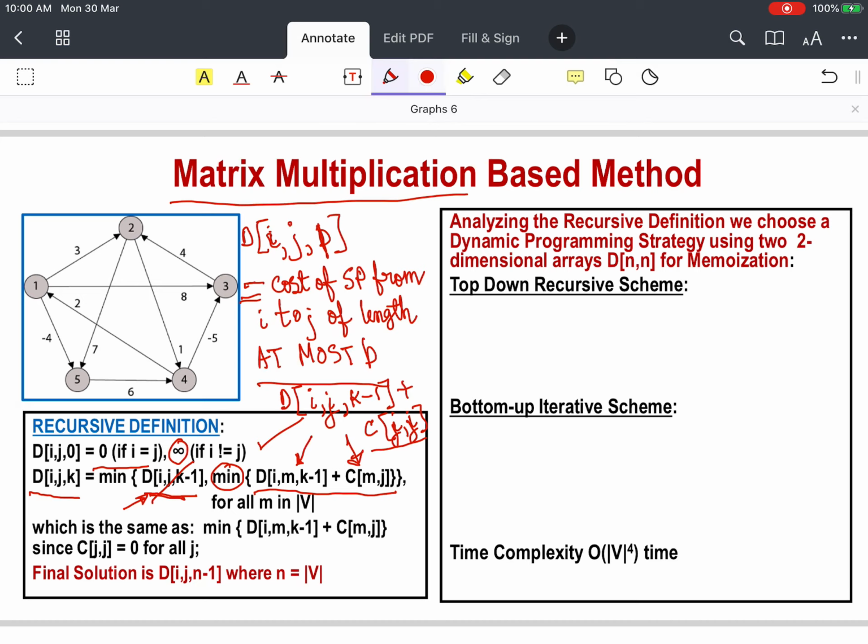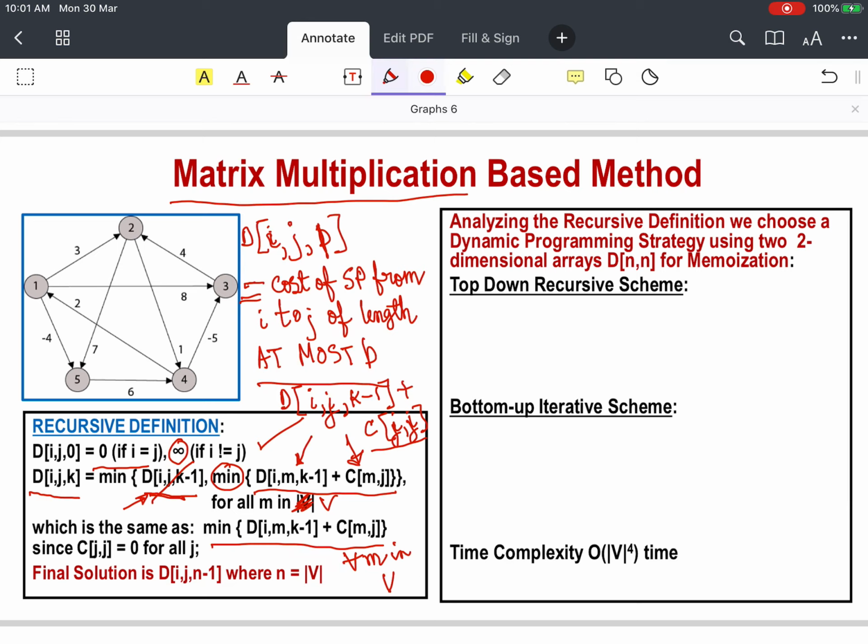Therefore, we don't need this term, and this will reduce to the same as this term because Cjj is equal to 0. We do this for all m in V.